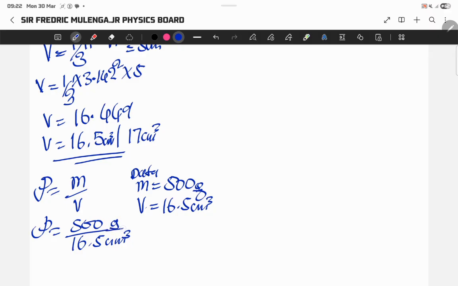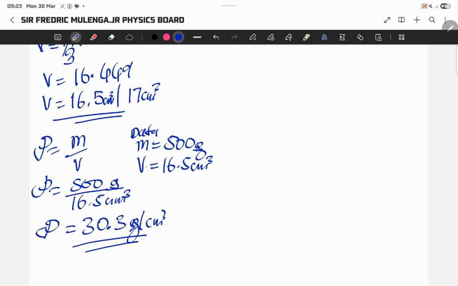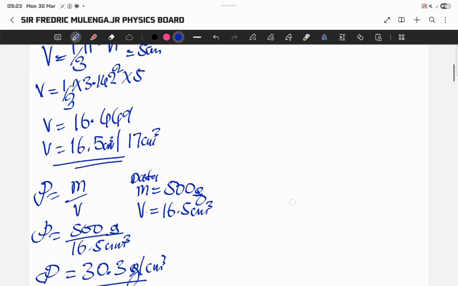It gives us a density of 30.3 grams per centimeter cubed. Once again, there's no need for change unless we ask you what this density is in kilograms, and you apply that principle.